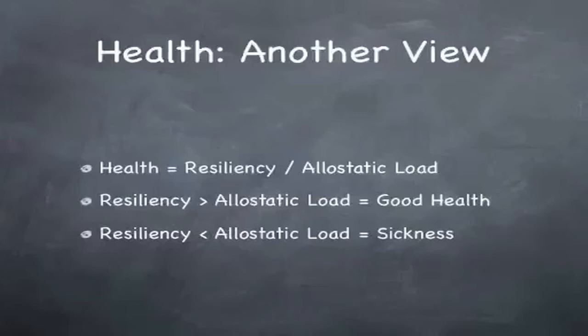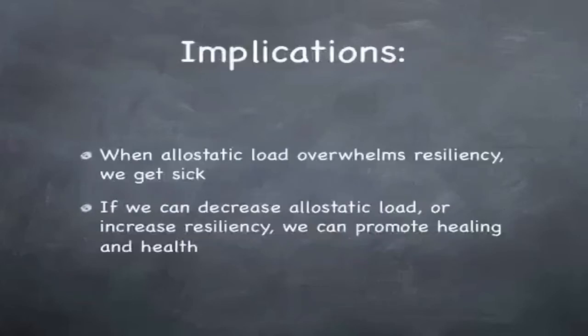For example, we can just gradually, over a period of weeks or months or even years, get worn down in our resiliency quotient and become the victim of a high allostatic load, not just physiologically, but psychologically, perhaps even socially or spiritually, because, as we've already learned, human beings are biopsychosocial spiritual beings, and systems thinking tells us that all of these pieces are related, and what impacts one piece impacts all pieces. The implications of this, again: when allostatic load overwhelms resiliency, we get sick.